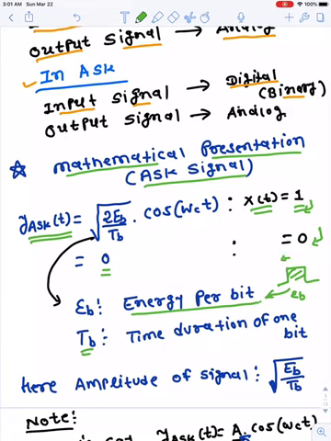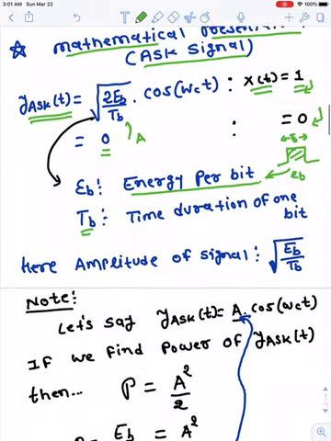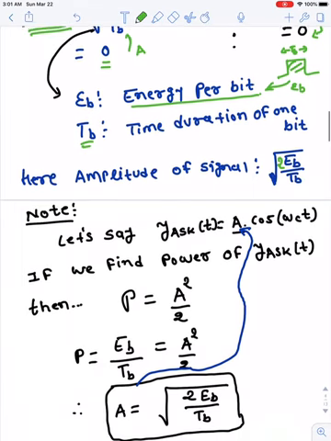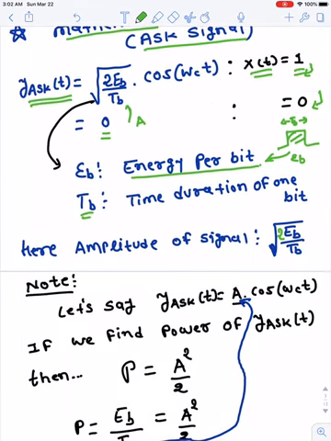So if your pulse is of some duration TB, that can be defined here. Here the amplitude A can be represented in the form of power, which later on we will discuss in detail. So here the amplitude can be represented as square root of 2 EB by TB. Now how this expression comes, we go into detail about this.